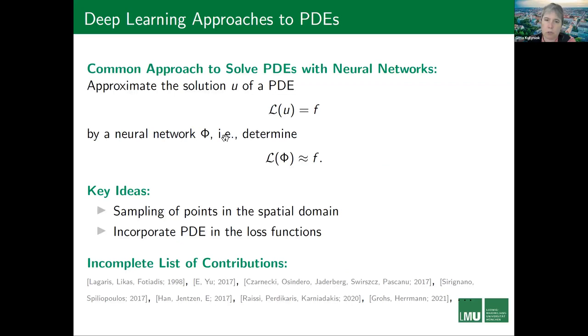And then if you train this neural network, you will incorporate the PDE in the loss function. There are various approaches which follow this idea in different directions. Partial differential equations is a huge area. Each type of PDE needs to be dealt with differently. You have elliptic PDEs, hyperbolic PDEs, parabolic PDEs, and so on.